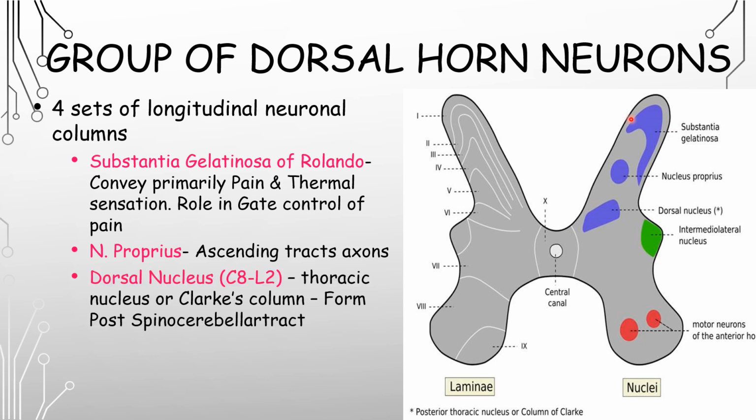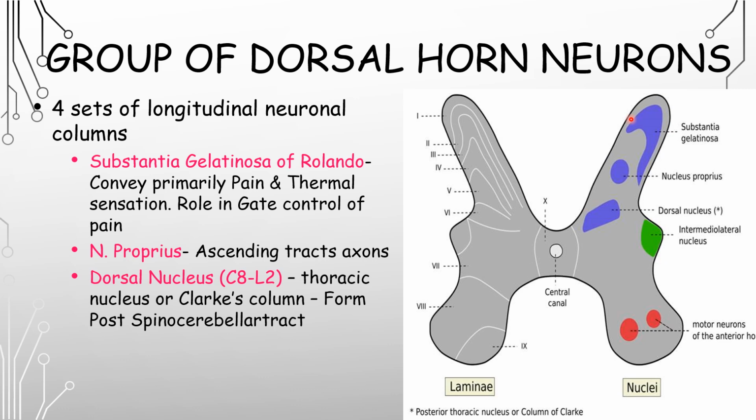And then the dorsal nucleus, also called the thoracic nucleus or Clarke's column. This extends from C8 to L2 segment, and it is composed of tract cells.